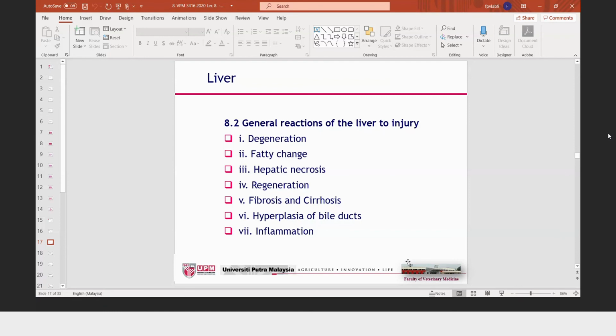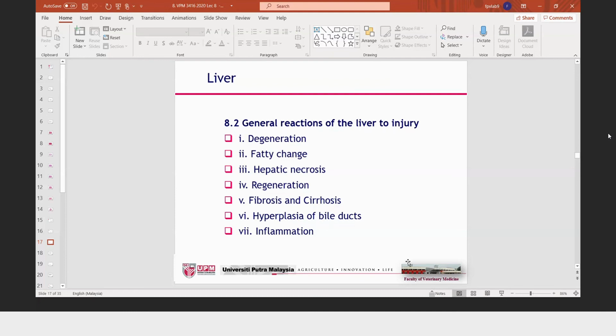Among those 10, this is the most common one. Of course, inflammation is always there. Inflammation is more systemic, so always there. Inflammation of the intestine is enteritis, inflammation of the stomach is gastritis, and inflammation of the liver is hepatitis.